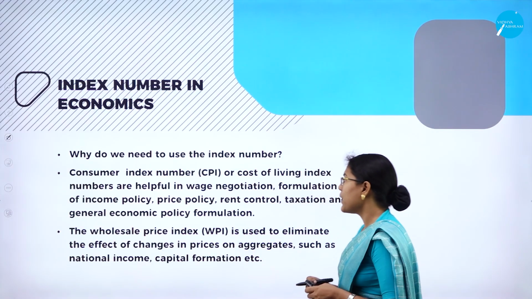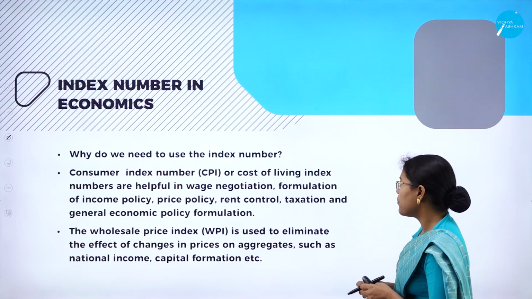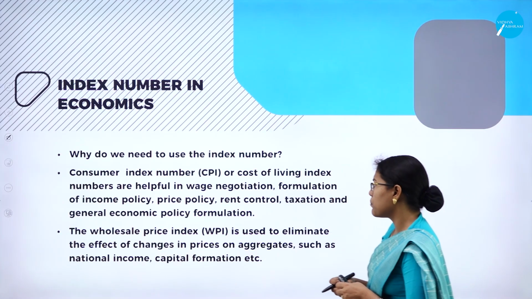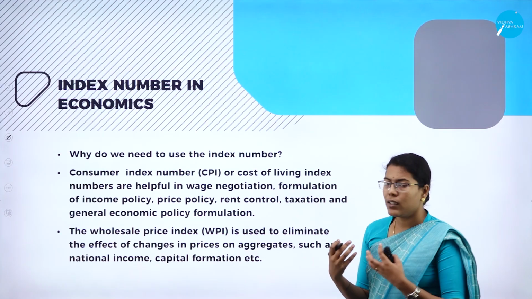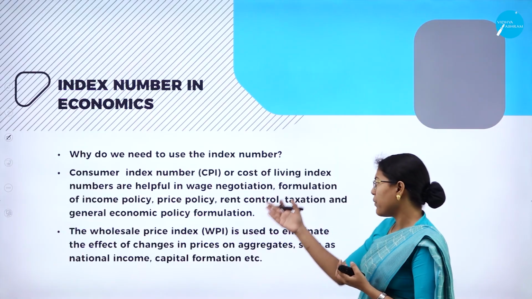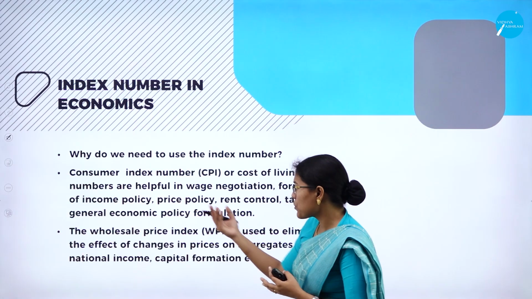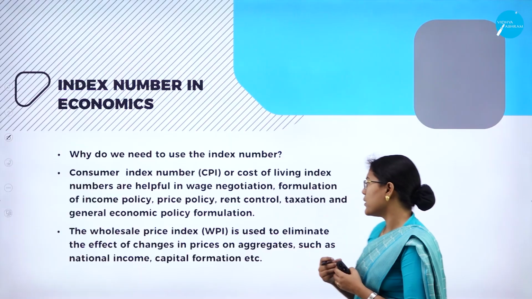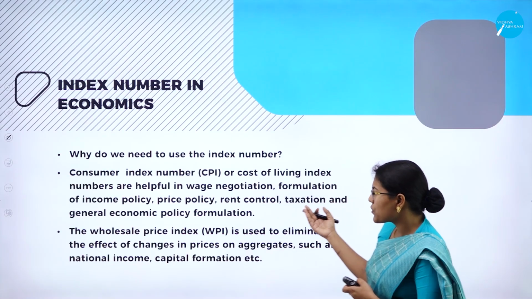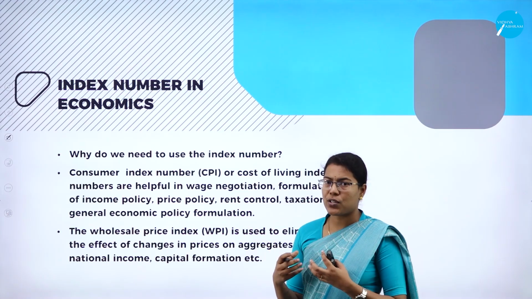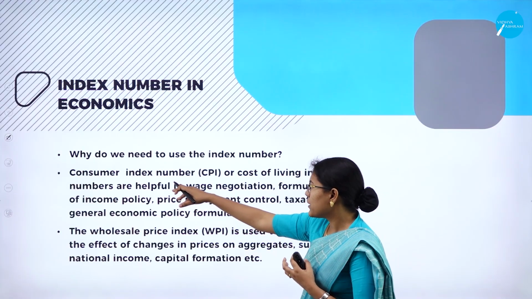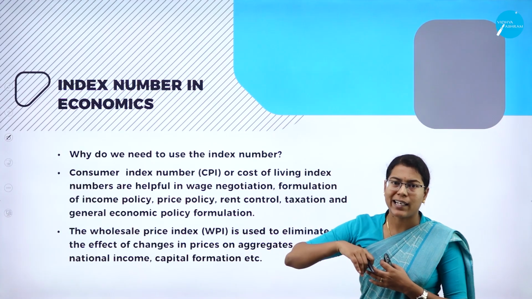As we can see, consumer index numbers or cost of living index numbers are helpful in drawing policies regarding wage negotiation, formulation of income policy, price policy, rent control and taxation. All these decisions are taken by looking at the consumer price index.